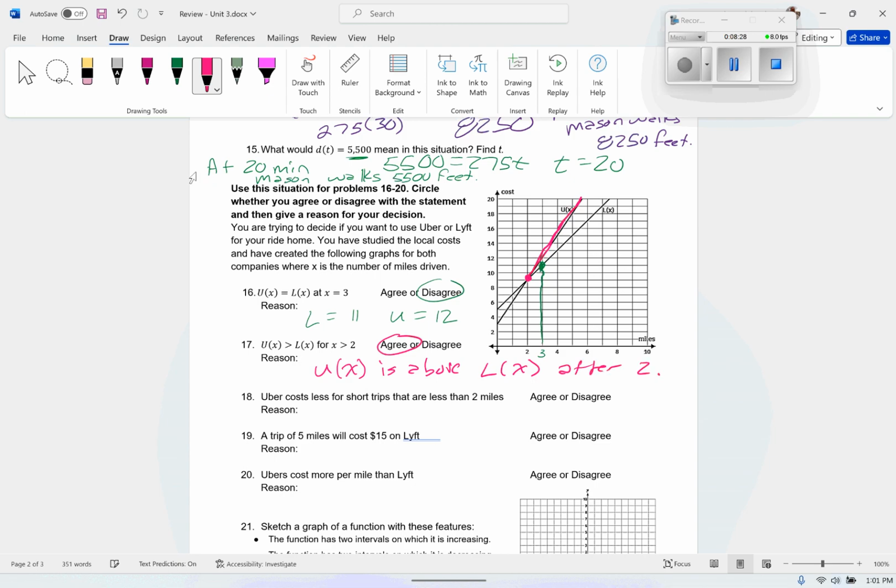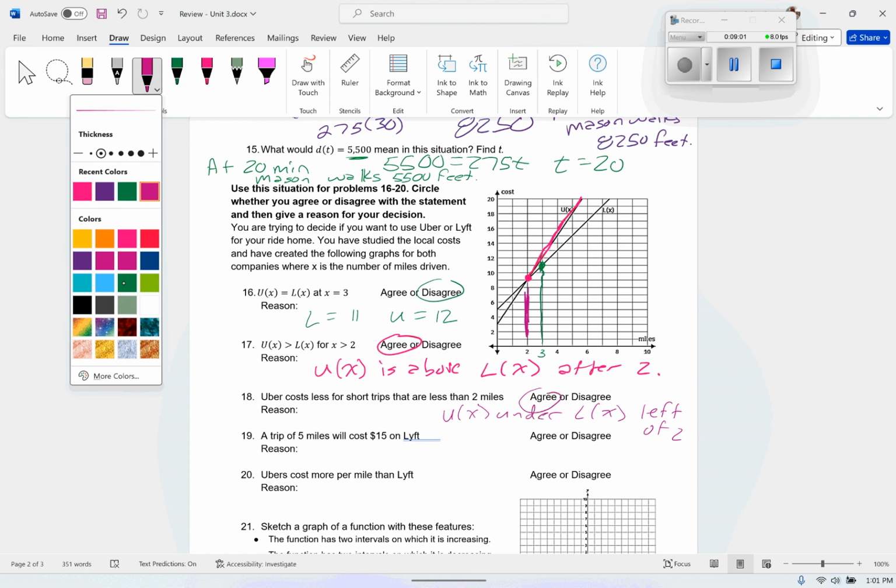Okay. And then they tell us that Uber costs less for short trips that are less than 2 miles. So here's my 2 miles. So less than. So Uber appears to be less. I agree. You can say that the U at X is under L at X to the left of 2.